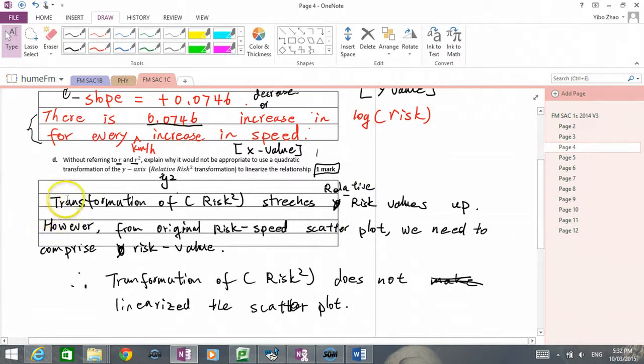You get 1 mark for explaining what the transformation of risk square, or y square, does, because it stretches the y values up. Then you get 1 mark for explaining what we need to do after reading the original scatter plot. So that's question D.